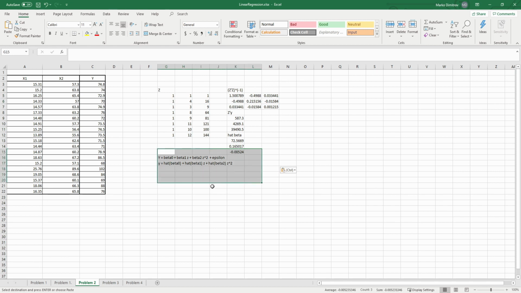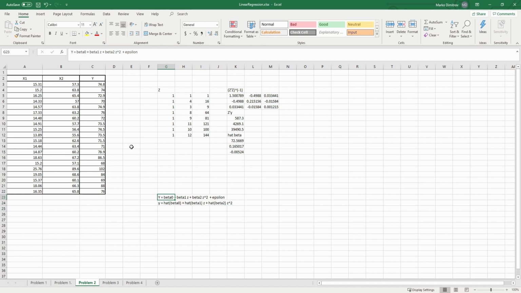Here, Z is going to be a larger matrix because we have more observations. We would have beta 0, beta 1, let's call it Z1, and beta 2, Z2.